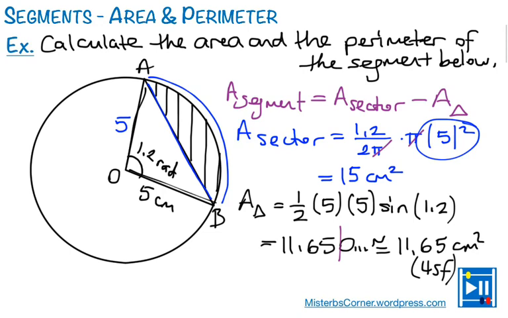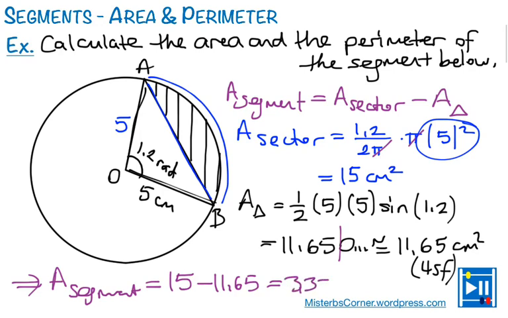So basically, area of the segment will be 15 take away 11.65, so I'm going to have 3.35 centimeters squared to 3 significant figures. Now maybe it would be best if I was to round to 5 significant figures here.